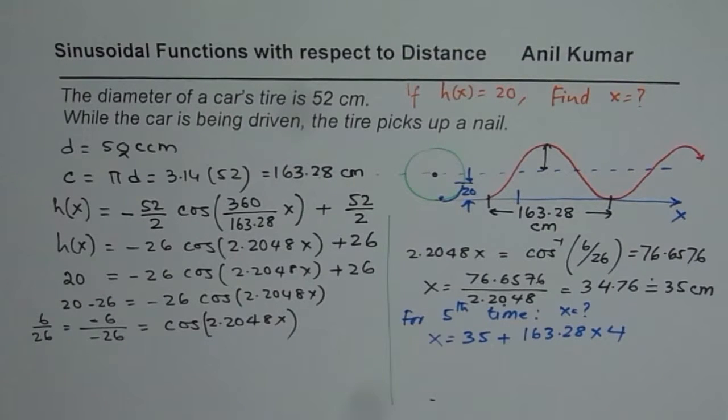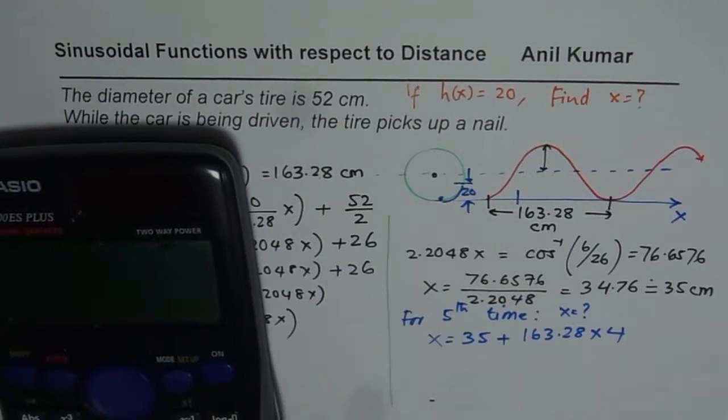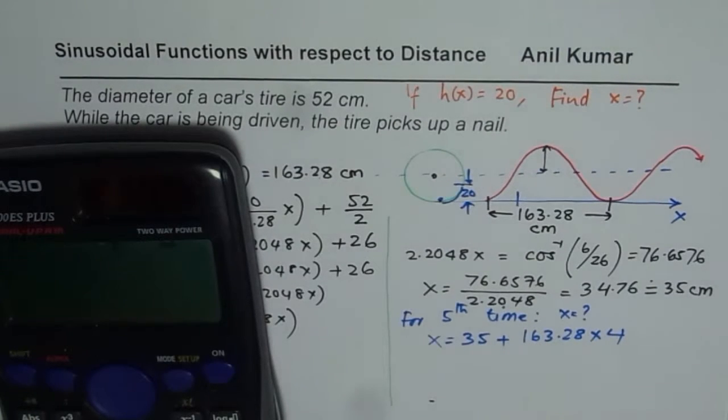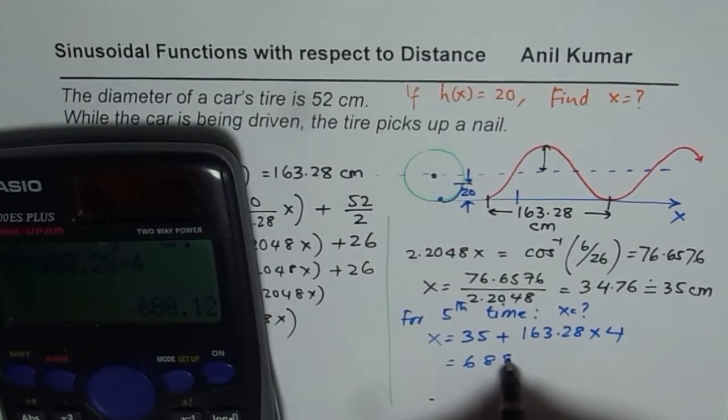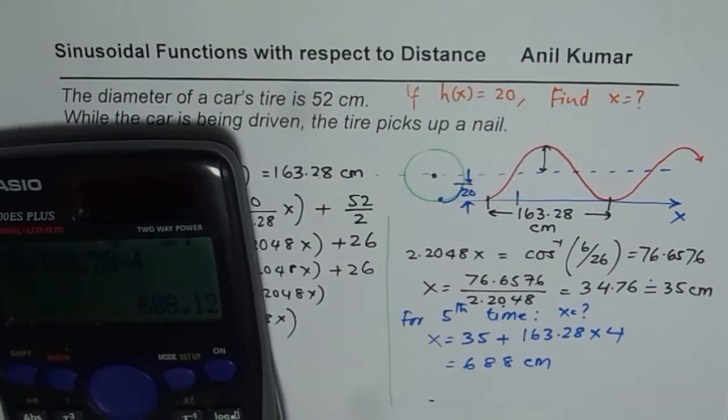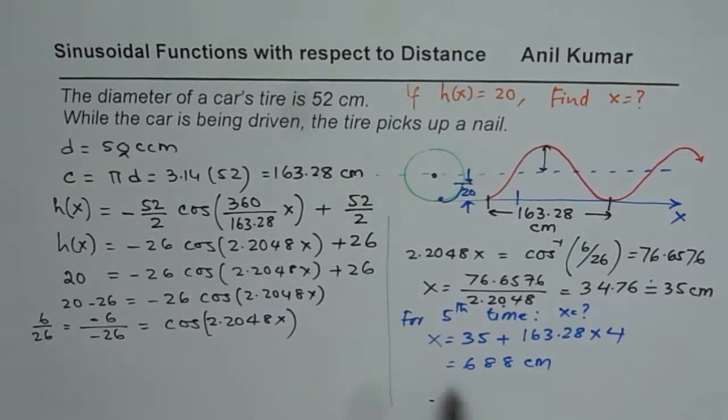So let's calculate the distance traveled. We have approximately 35 plus 163.28 times 4. So we just add 4 more circles to it, and we can round this to, let's say, 688 centimeters. So approximately it has moved 688 centimeters horizontally, correct?